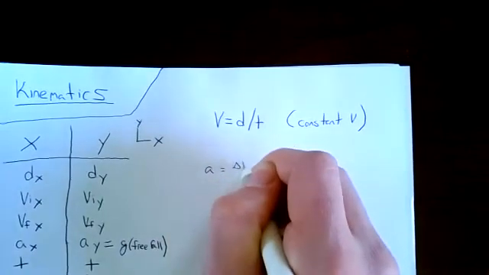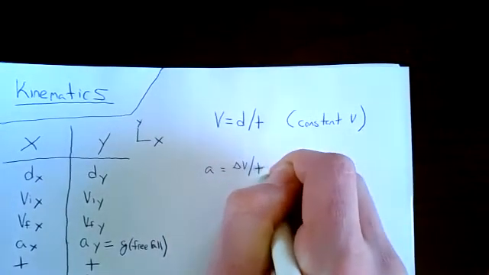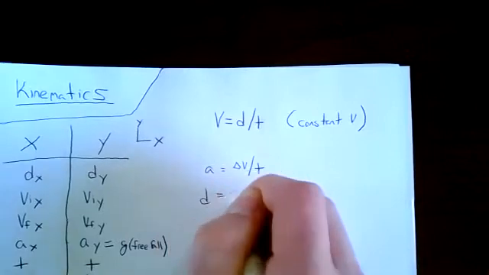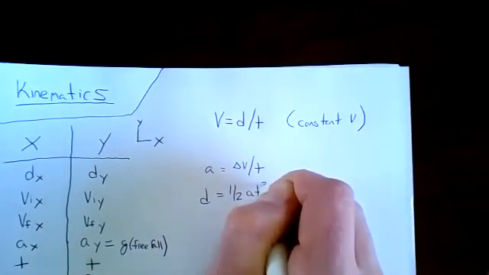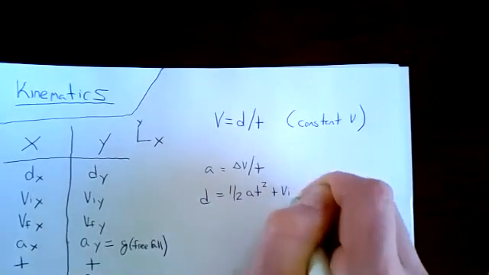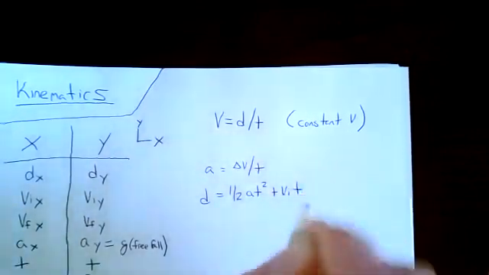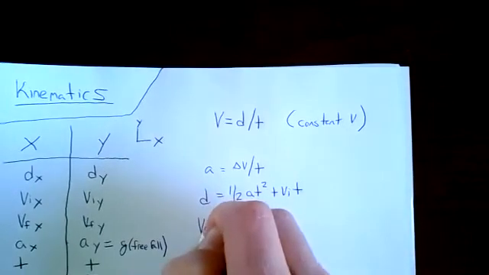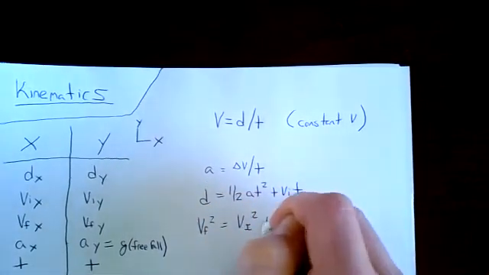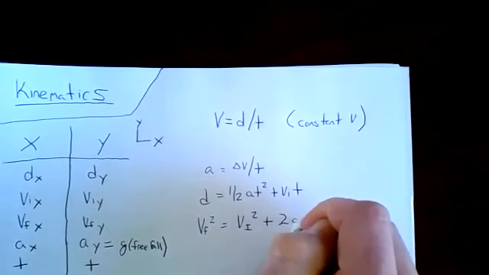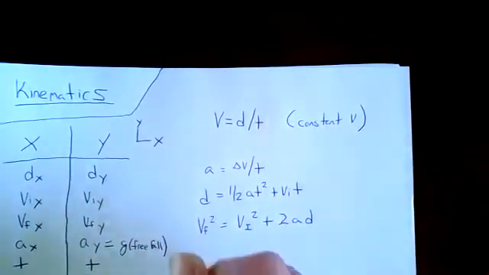Acceleration equals the change in velocity over time. Displacement equals 1/2 acceleration times time squared plus initial velocity times time. Final velocity squared equals initial velocity squared plus 2 times acceleration times displacement.